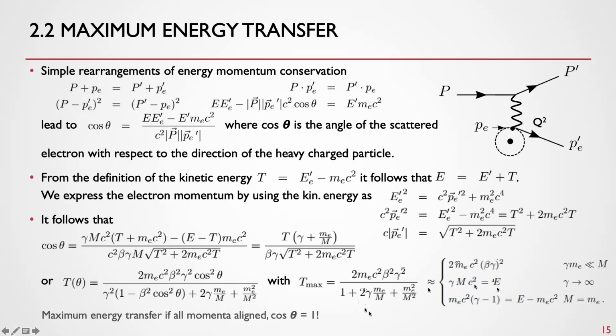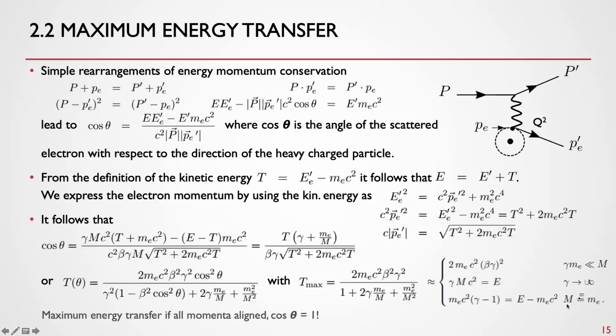That's a very interesting and very important result, because it means that if the incoming heavy particle is moving relativistically, it can in principle transfer its whole energy on the electron. It will rarely happen, but sometimes with a low probability, it is possible that the energy transfers are extremely large. Good. So we have now computed the maximum energy transfer for these 2 different cases.